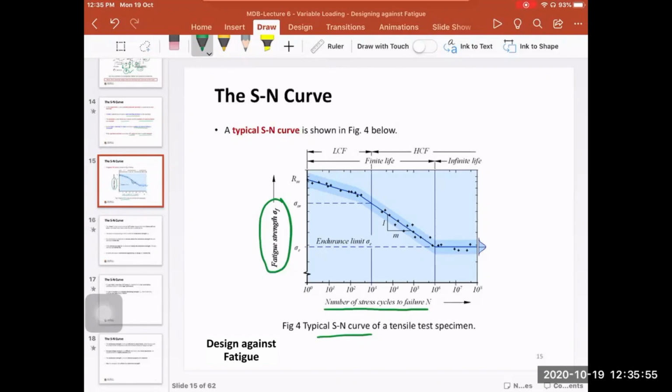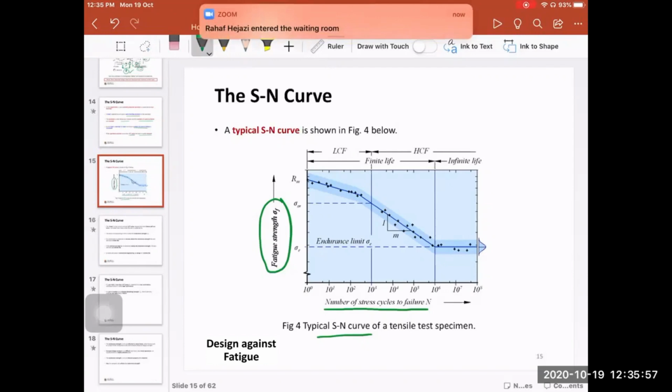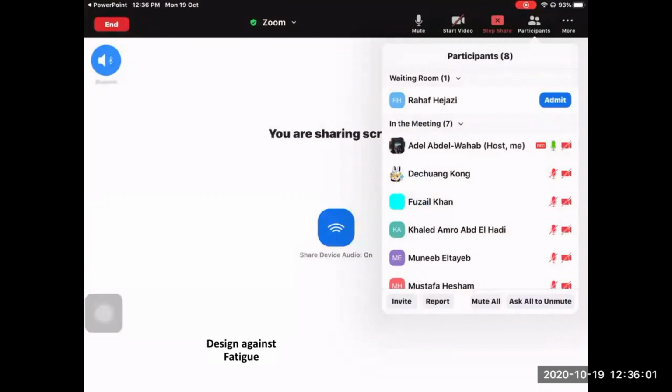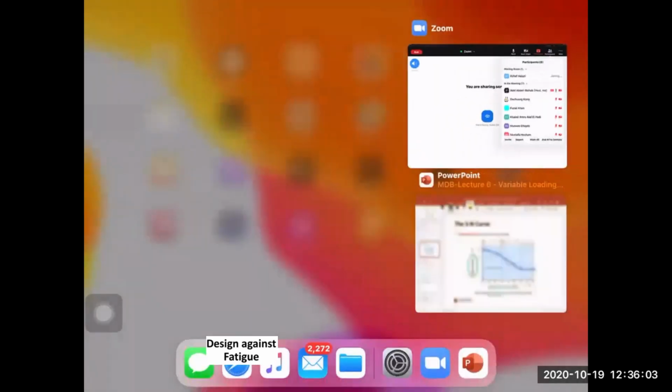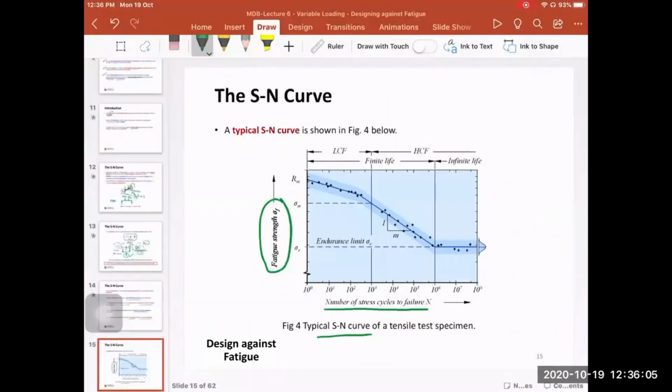What you see here is that they keep testing specimens. They get lots of identical specimens, and then they keep testing them at different levels of fluctuating stresses. So they change the stress level here.